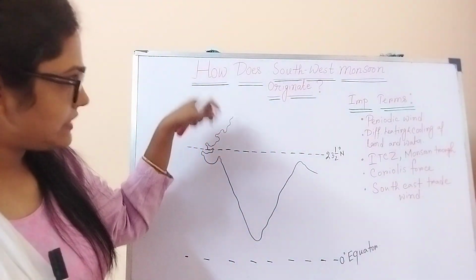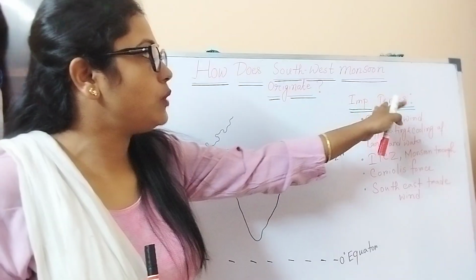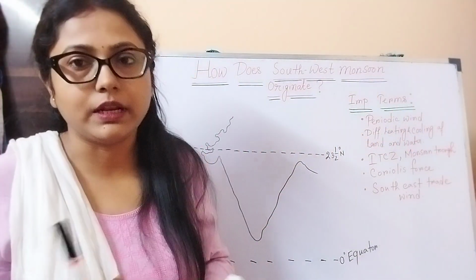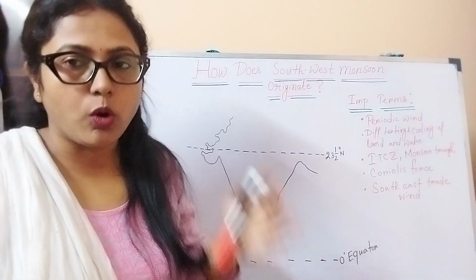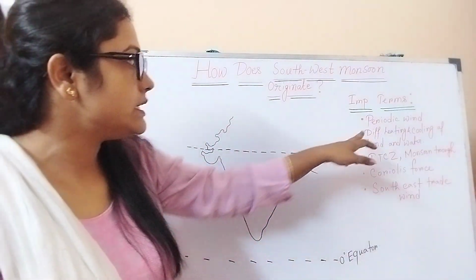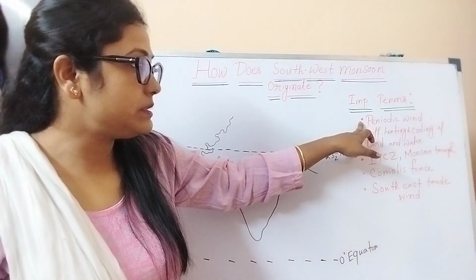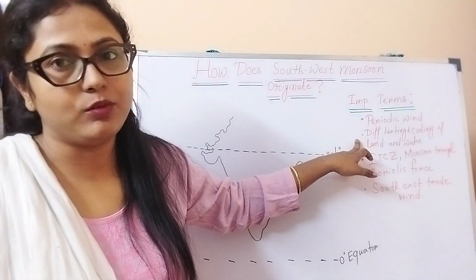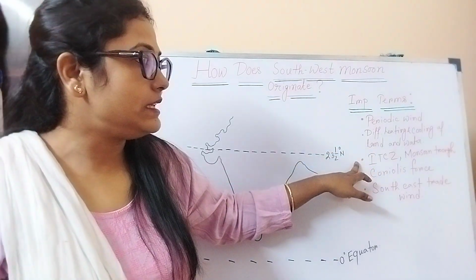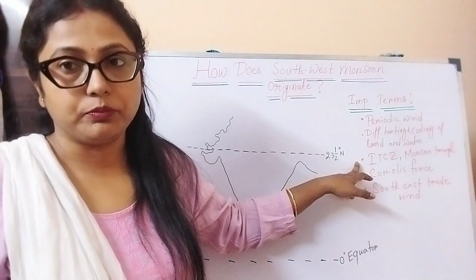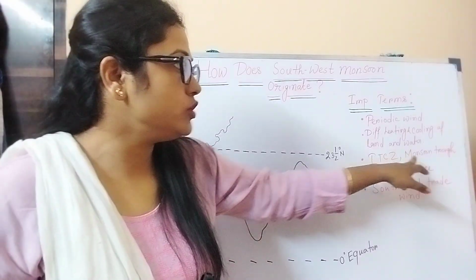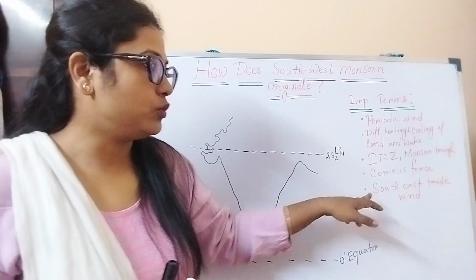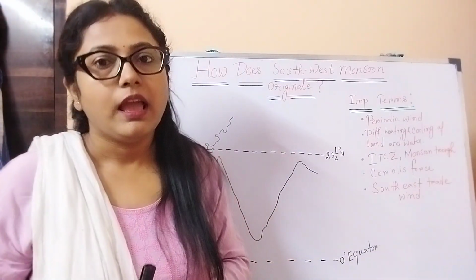For understanding this part, you need to memorize or recall some related terms: periodic wind, differential heating and cooling of land and water, ITCZ, that is the intertropical convergence zone, monsoon trough, Coriolis force, and southeast trade wind.